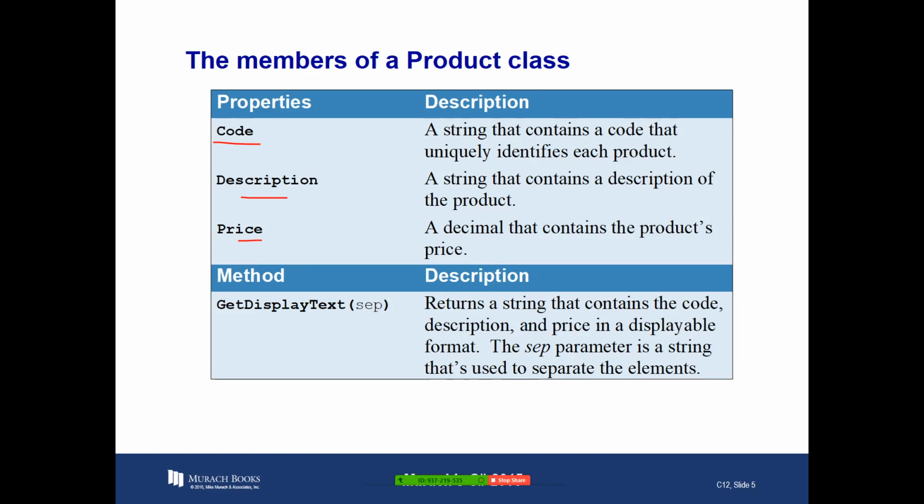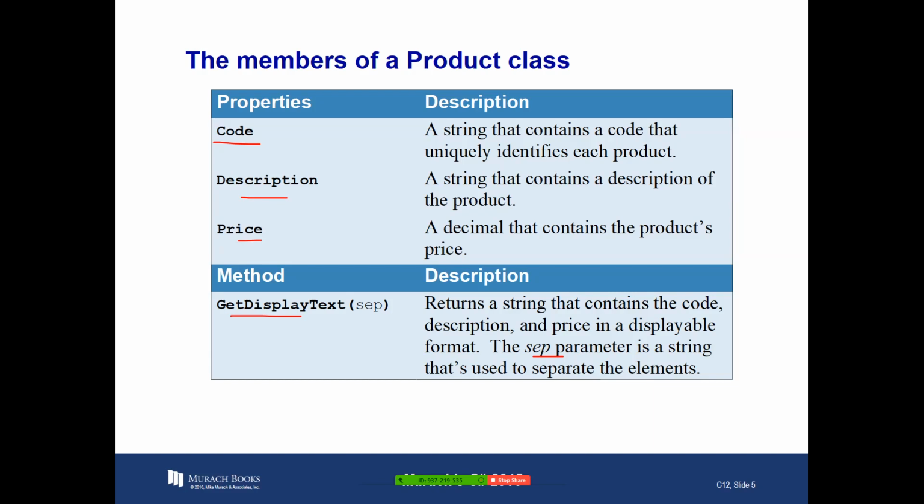And then we have methods, like get display text, which returns a string that contains the code, description and price in a displayable format, and the separator parameter may be a string that's used to separate the elements.